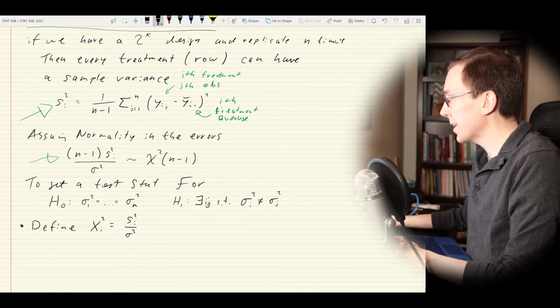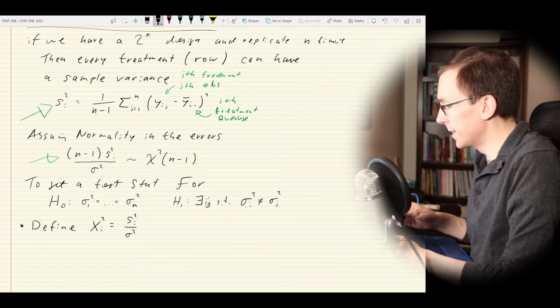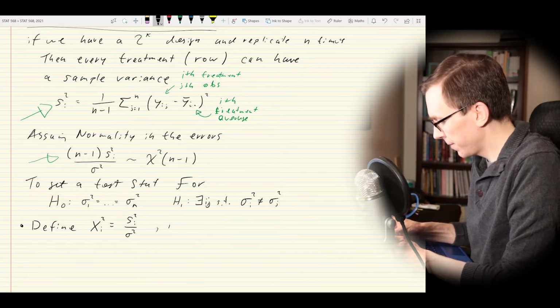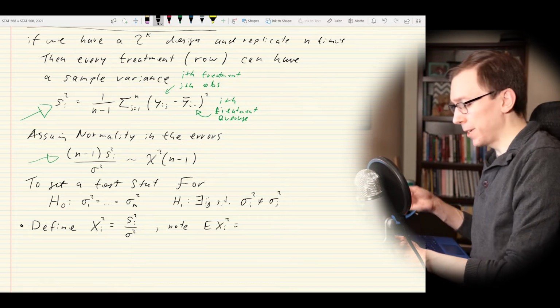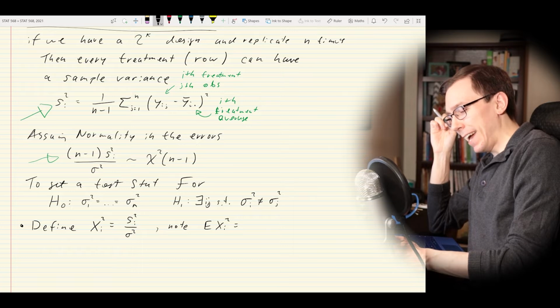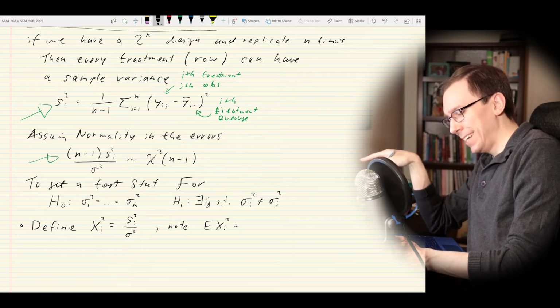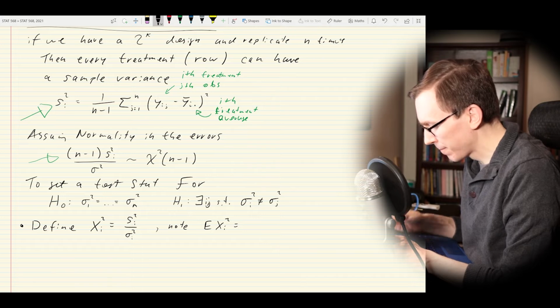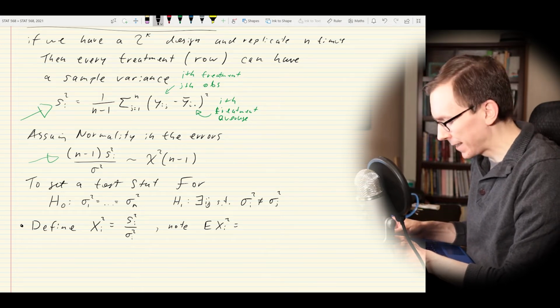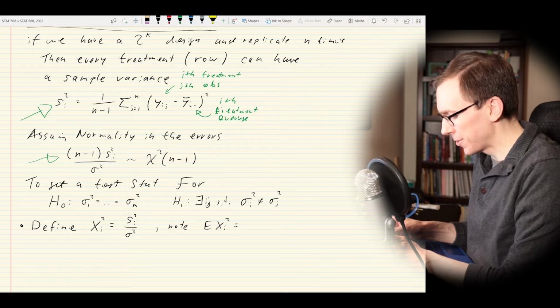Okay, and what we're actually going to be interested in is the log of this. But first, we note that the expected value of chi i squared, the mean, is going to be what? Well, s i squared is an unbiased estimator for sigma i, but we're assuming we're in the null hypothesis case, so it's always going to just be sigma.